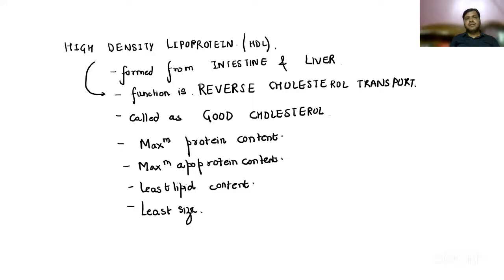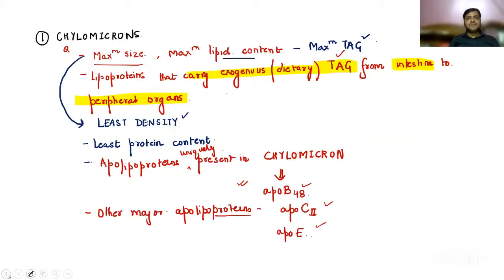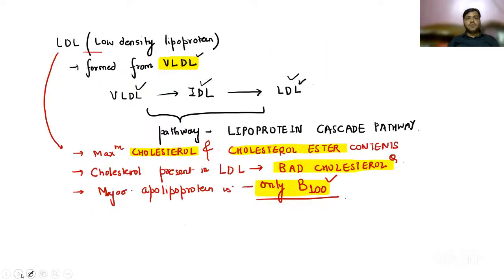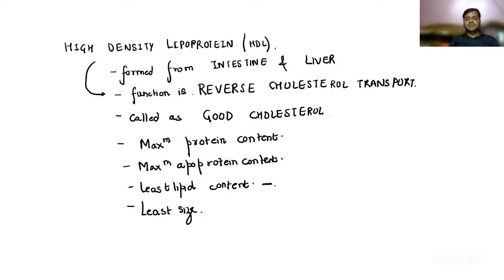Obviously, the concept I have given you earlier: if there is maximum lipid content, then we have the least density. Now we have the least lipid content, so we will have the maximum density. You can remember the proteins have high molecular weights.